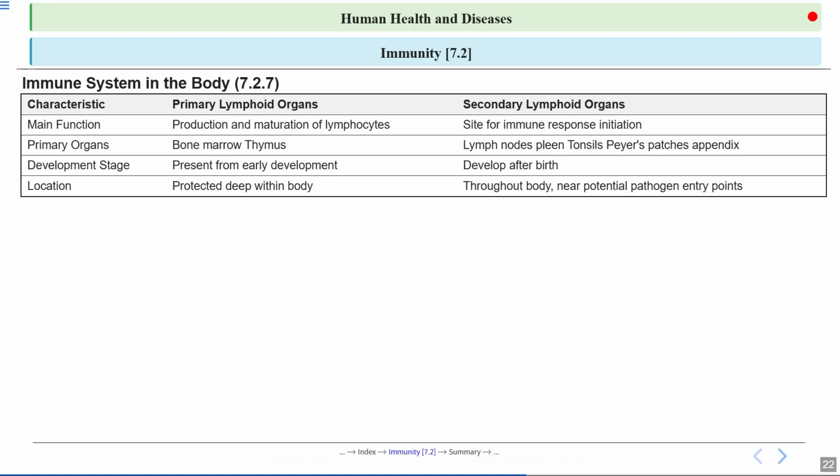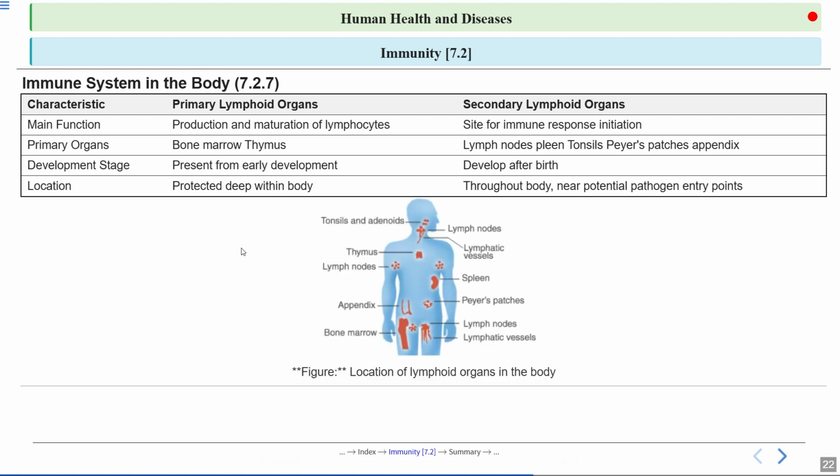The secondary lymphoid organs are the lymph nodes, spleen, tonsils, Peyer's patches, and appendix. The primary lymphoid organs are present from early development, and the secondary lymphoid organs develop after birth. What is the location of primary lymphoid organs? They are protected deep within the body.